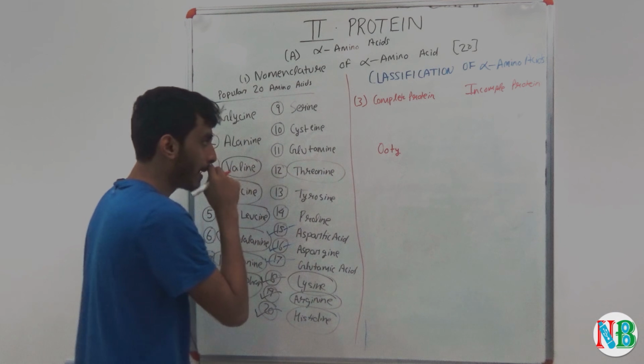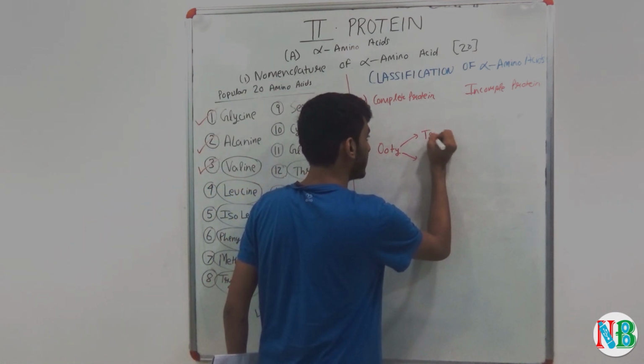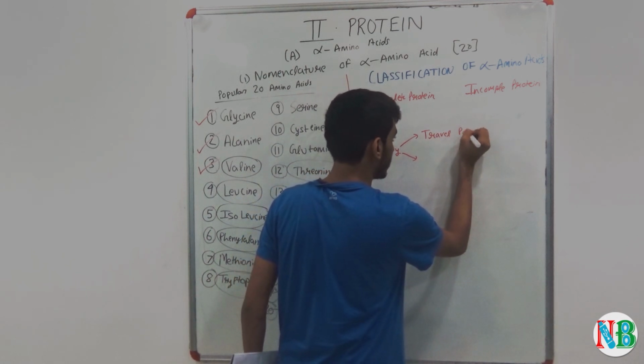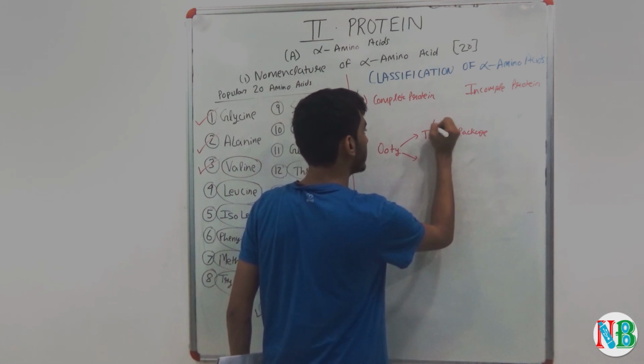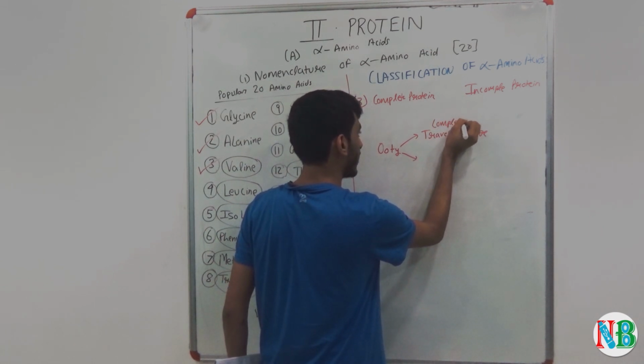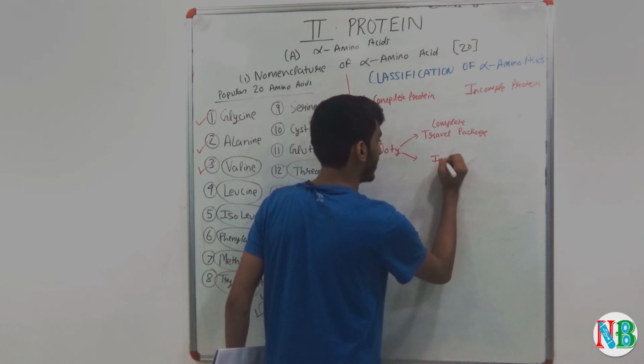For Ooty, you have two kinds of travel packages. One of them is a complete package and the other is a partial or an incomplete package.